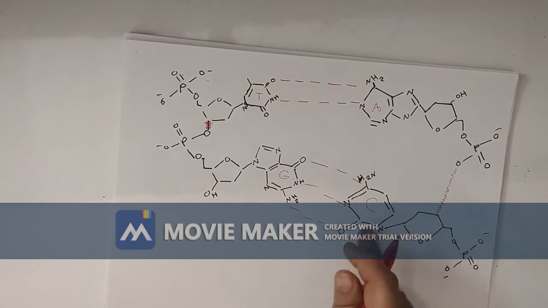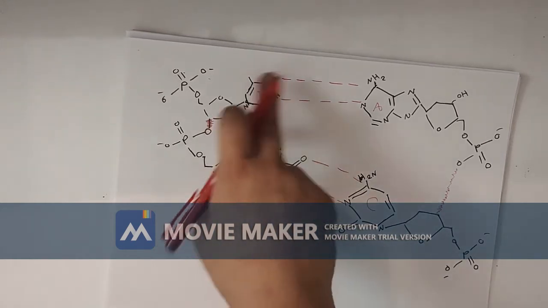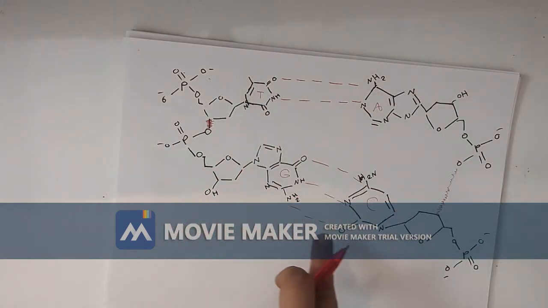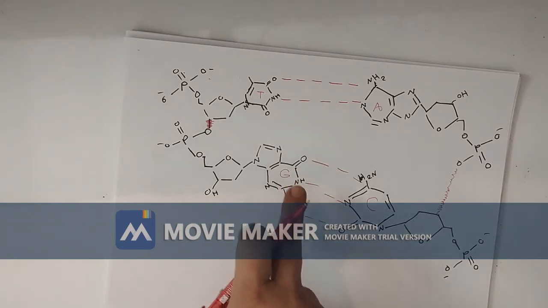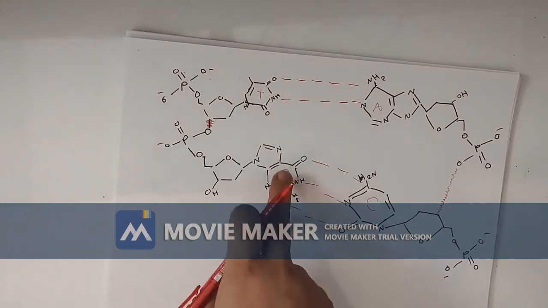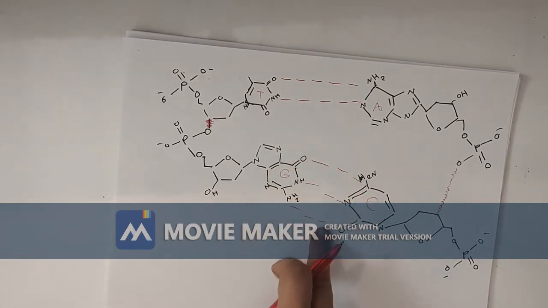Cytosine always goes with guanine. So one ring goes with the two rings. Don't forget this. The hydrogen bond between guanine and cytosine is 3 hydrogen bonds, as you can see here. So these are very important.